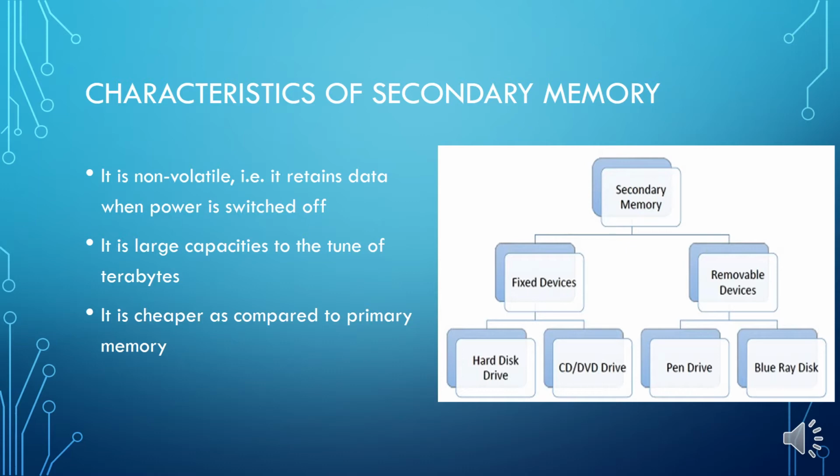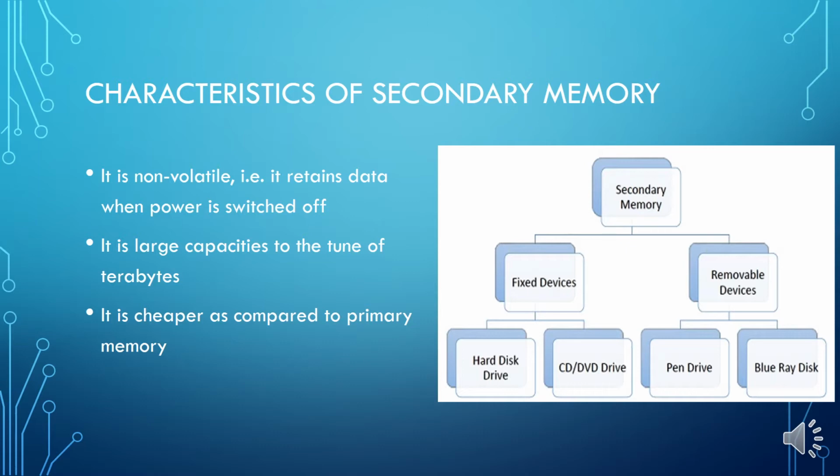These are the characteristics of secondary memory. It is non-volatile, it has a large capacity, and it is cheaper as compared to primary memory. We have already seen this classification in the previous unit, that is, the last lecture.